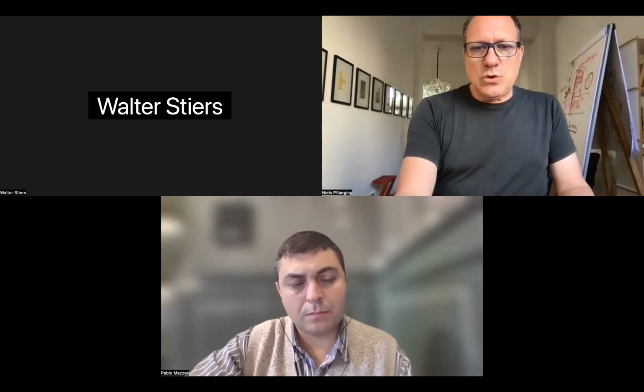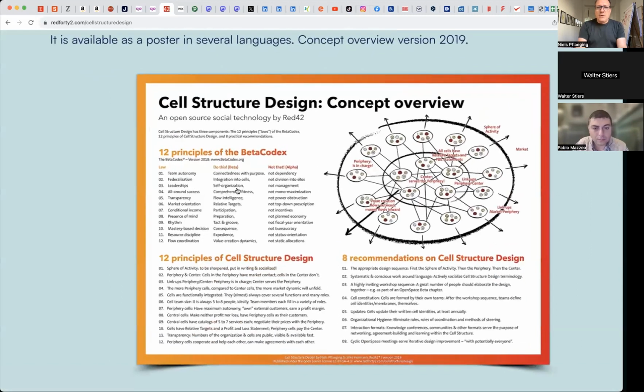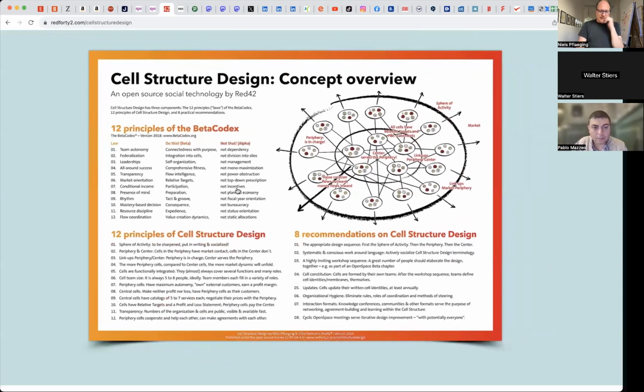Now, let me dedicate a few words to applicability, and then we can get to the question and answers part. Where does cell structure design apply, you might ask? If we look at the concept overview, where can this be used?